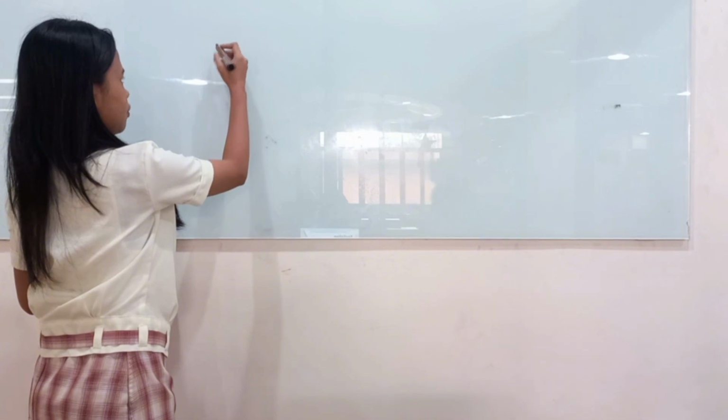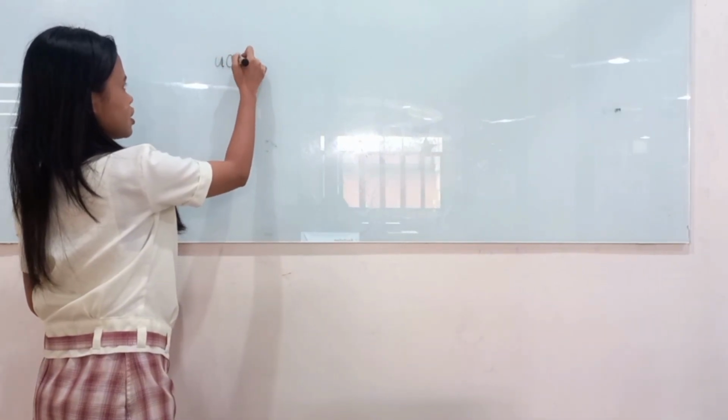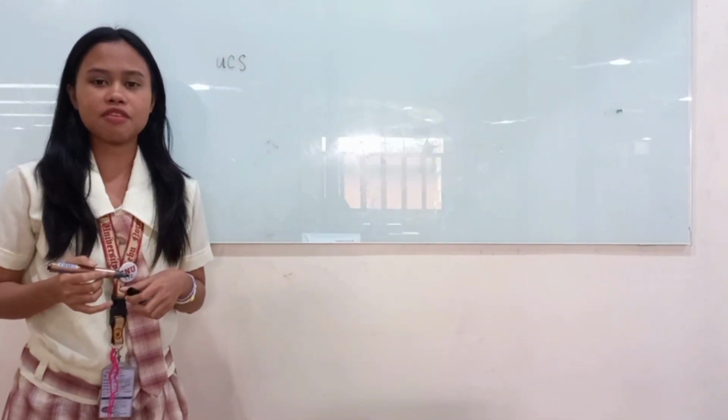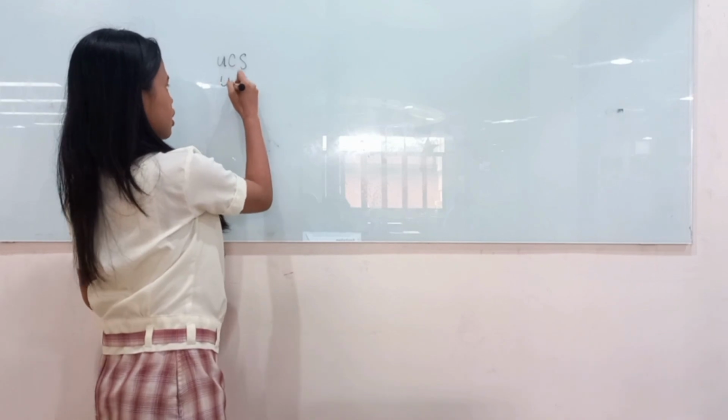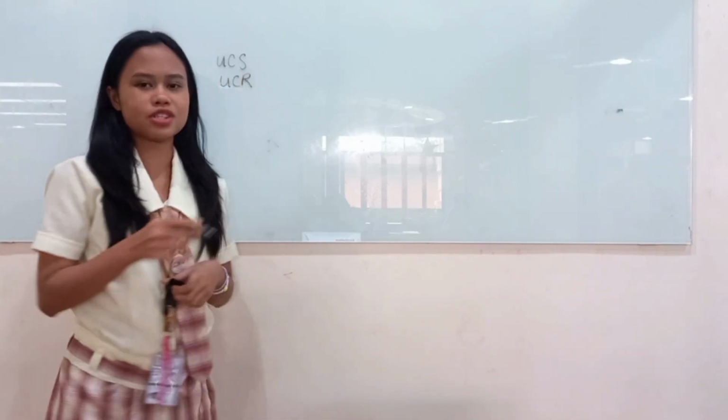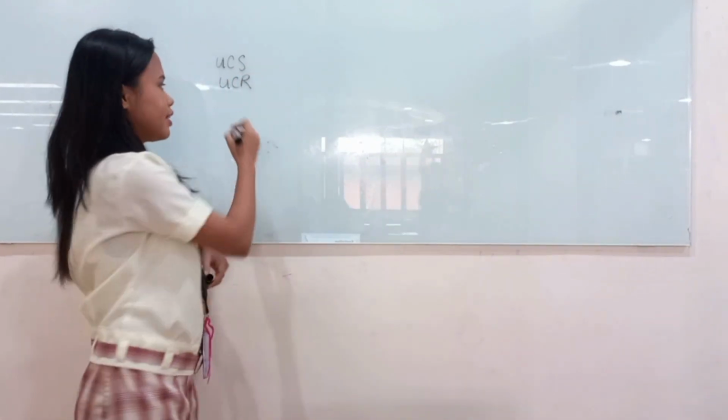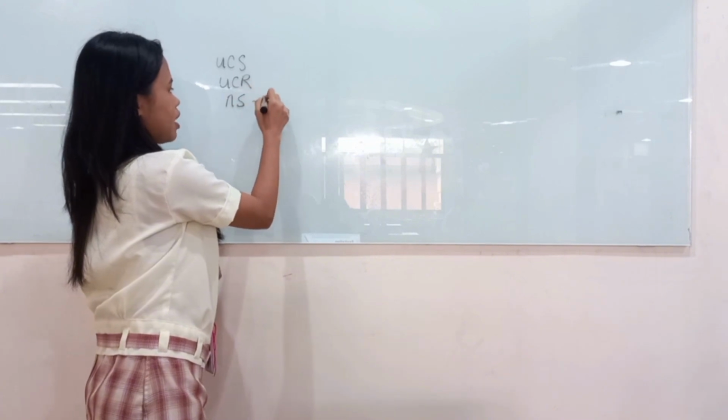In classical conditioning, it consists of an unconditioned stimulus, an unconditioned response, and a neutral stimulus, which was introduced by the previous speaker a while ago.